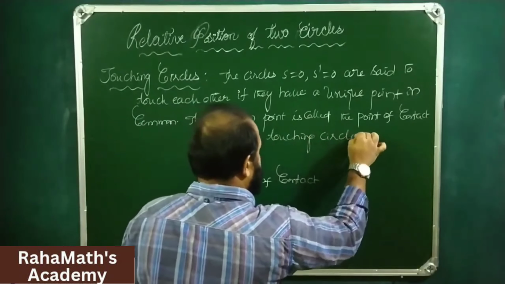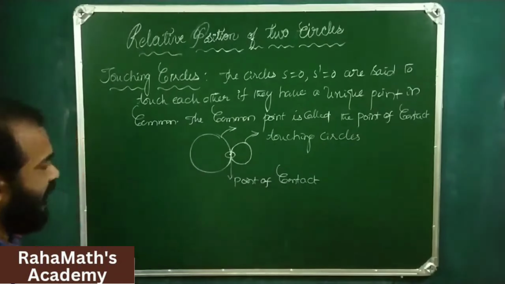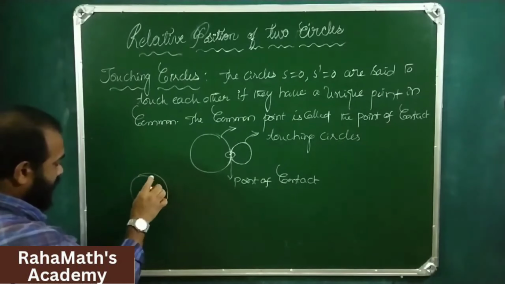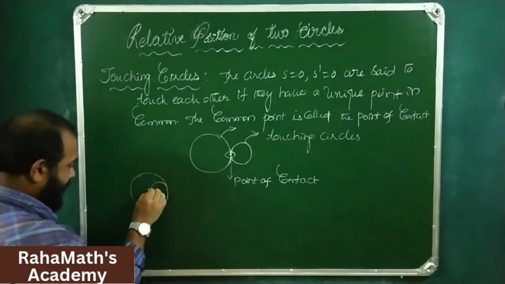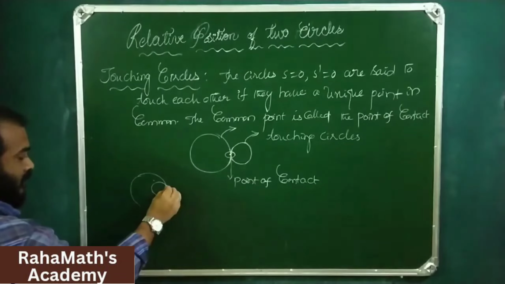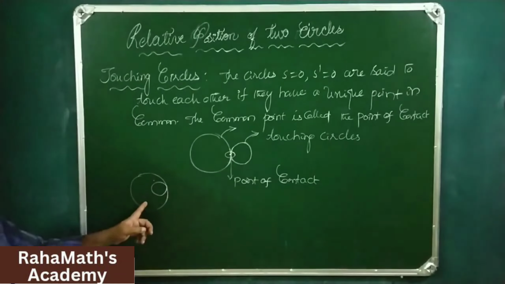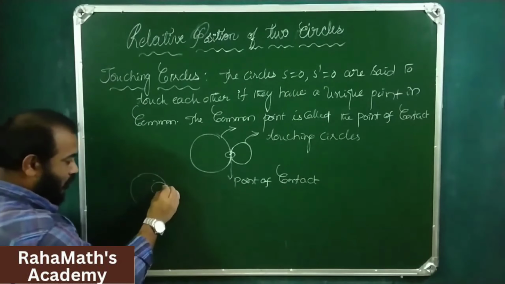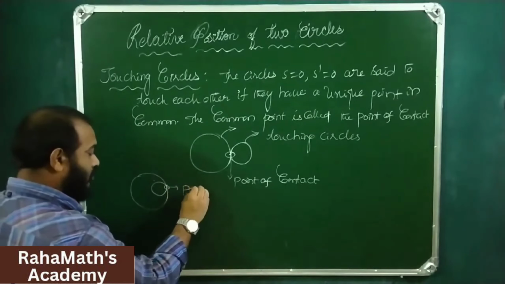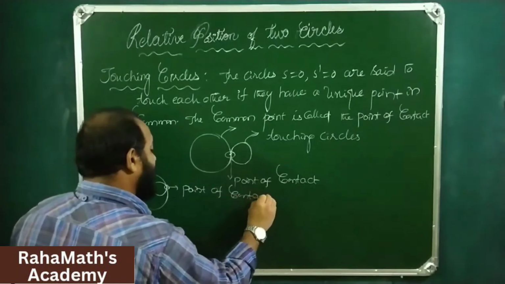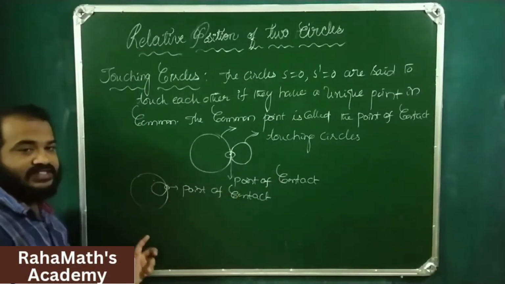If we take another situation, for example, this circle and this circle, they have one point in common where these two circles touch each other. This point is the point of contact, and these circles are called touching circles.